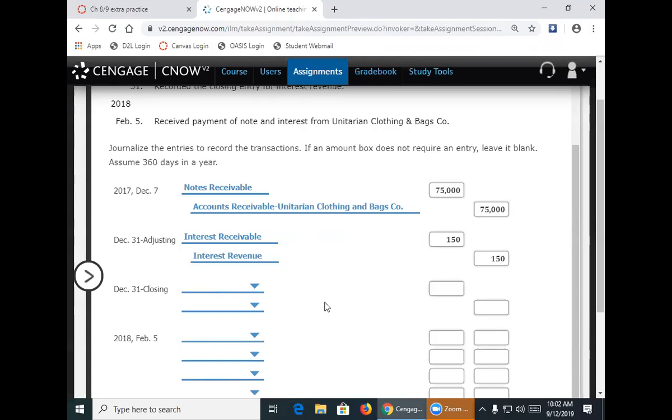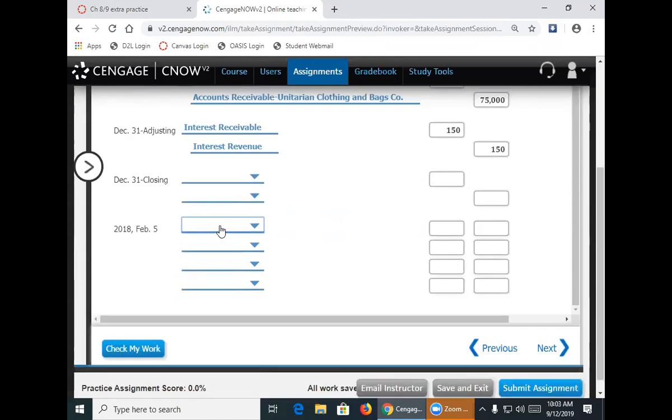And this was for 24 days. So all total, the maturity value of this note is 75,000 plus the 375 interest, right? They owe me a total of 75,000 plus 375. So on February 5th, when they pay me, you should receive cash of $75,375.